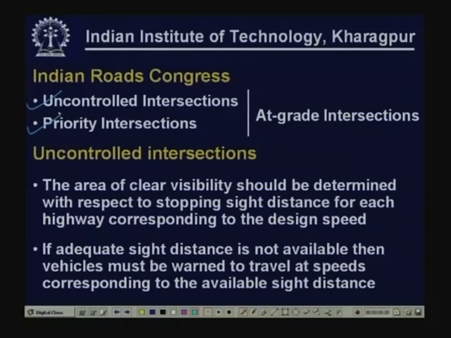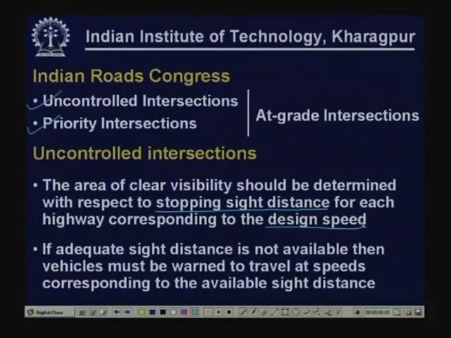Let us see the IRC recommendations first for uncontrolled intersections. The area of clear visibility should be determined with respect to stopping sight distance for each highway corresponding to design speed. That means IRC straightaway recommends that each approach should be equal to the required stopping sight distance depending on the design speed for that approach.